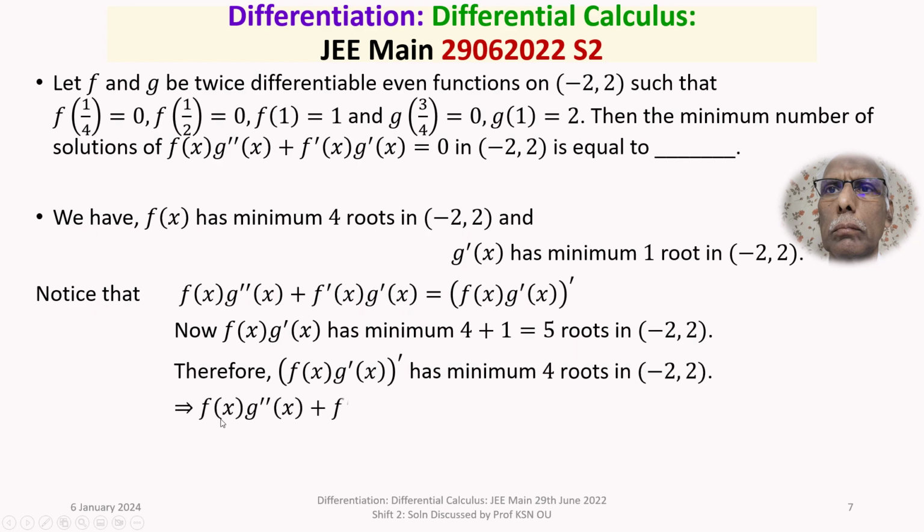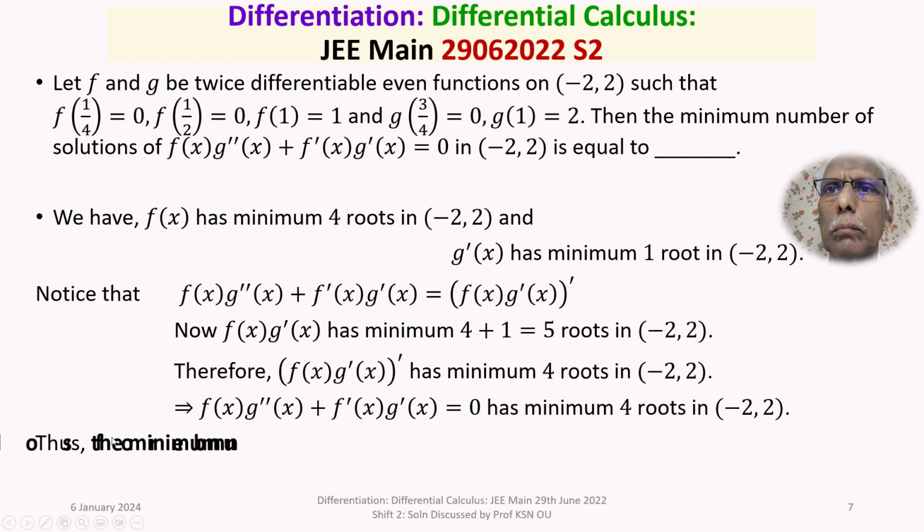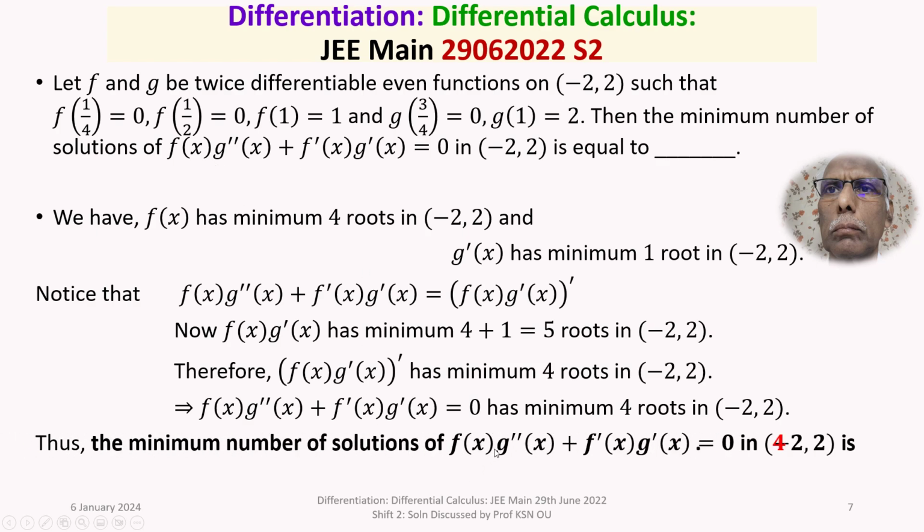So this implies f of x g double prime x plus f prime x g prime x equal to 0 has at least 4 roots in the interval minus 2 to 2. Thus we answer that the minimum number of solutions of f of x into g double prime x plus f prime x multiplied by g prime x is equal to 0 in the open interval minus 2 to 2 is 4. That is our answer.